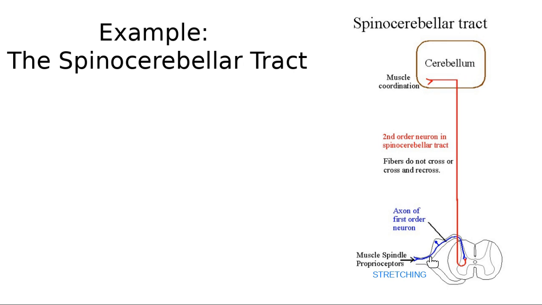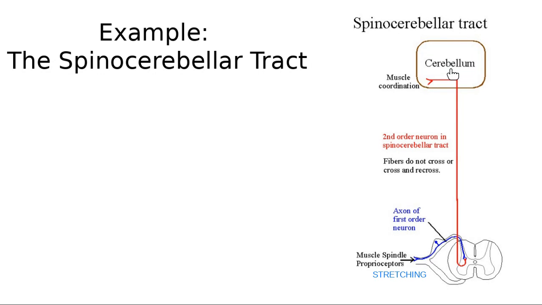That information comes in through the dorsal root. There's that dorsal root ganglion. We go into the dorsal horn. When we get into the dorsal horn, we synapse with an interneuron that says, wait a minute, I can't do anything with this. That interneuron, my second order neuron, runs up through the white matter of the spinal cord and goes to the cerebellum.